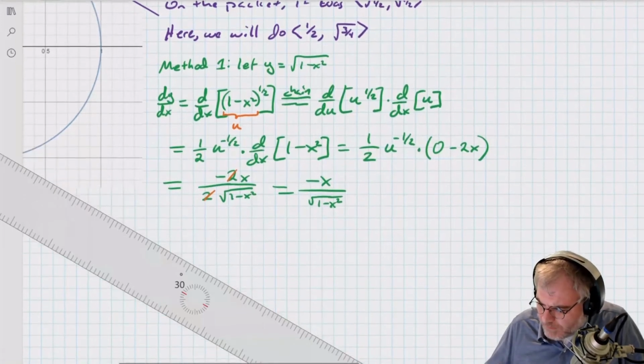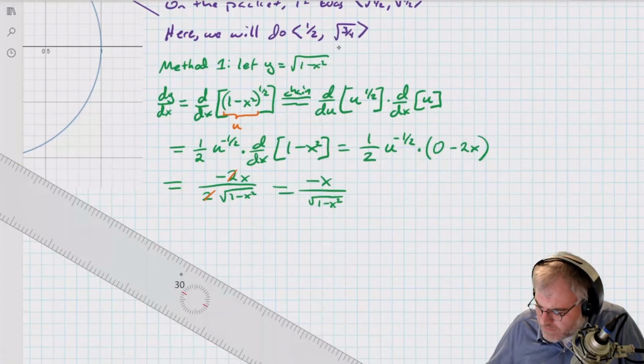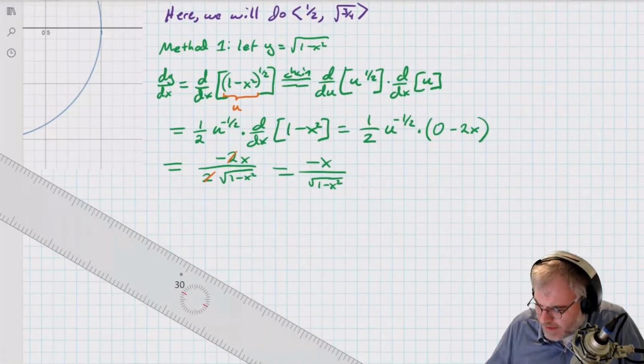And so what I want, because I want the slope of the tangent line at x equals 1/2, I'm going to plug in for x.